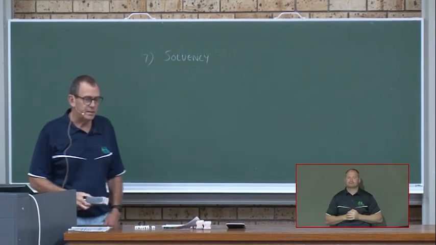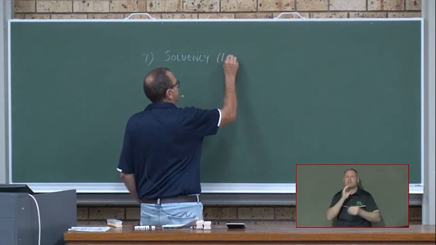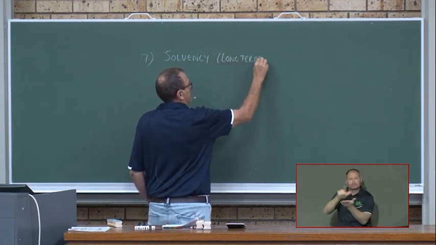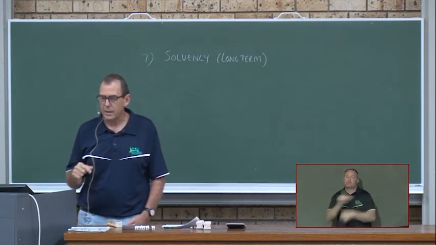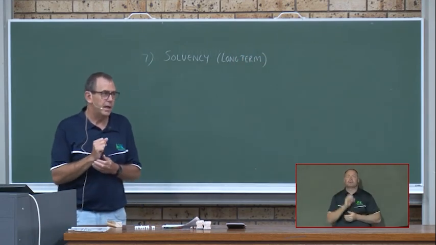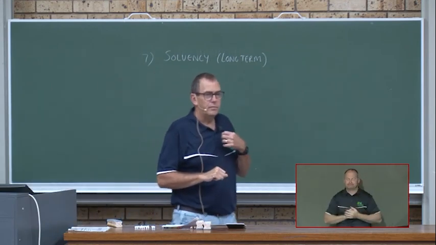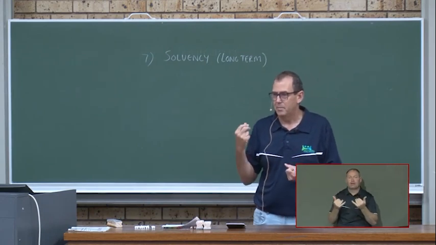Now, solvency has to do with my long-term debt. It has to do with your long-term debt. It runs on its own. In other words, the formula for solvency is total assets to total liabilities.